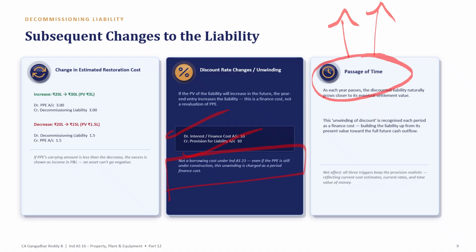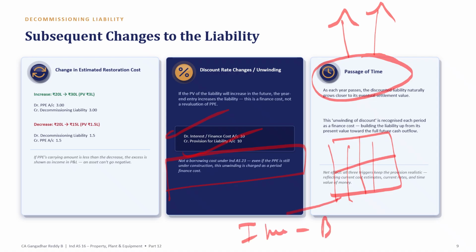If you satisfy the borrowing cost conditions, say your plant takes a substantial time to get ready for use as per the intention of the management, in that case you can treat that interest as borrowing cost and capitalize it under the borrowing cost concept. But under Ind AS, this interest should always go to the P&L account if it does not satisfy Ind AS 23.